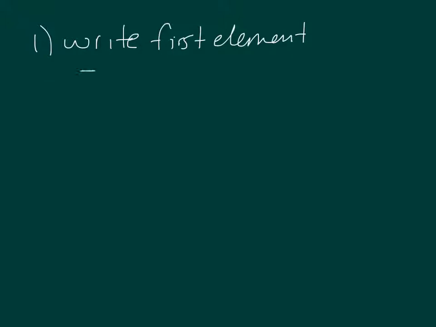All right, so here we go. We said the first thing that we wanted to do was, I'm going to write these rules in a little different order, but first thing is write the first element. Then you're going to add the prefix if there is one.